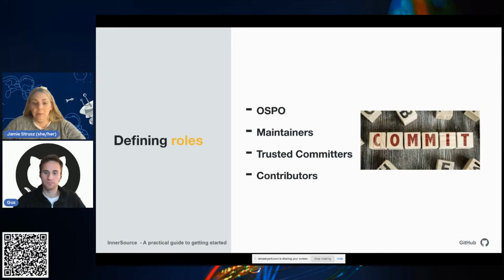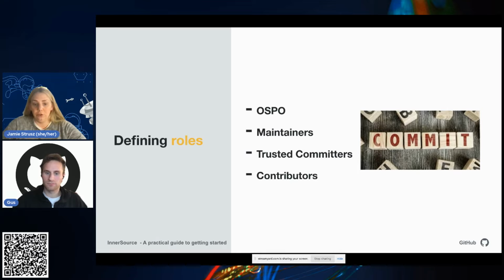So committers and trusted committers and contributors are also different, because trusted committers are going to submit their changes, and more often than not, the code review process is a little bit quicker because we know they understand the rules of the game, they follow the guidelines, they're following the suggested format for that particular project.